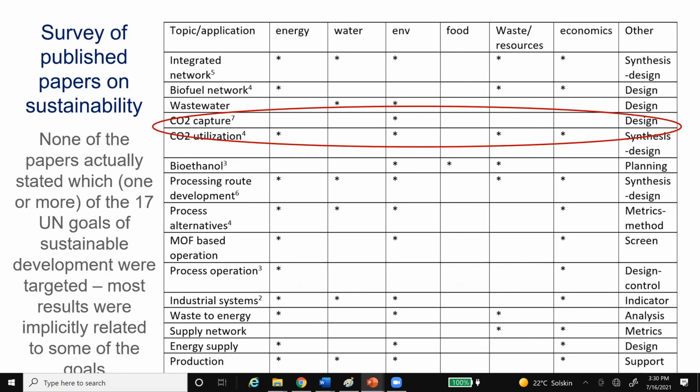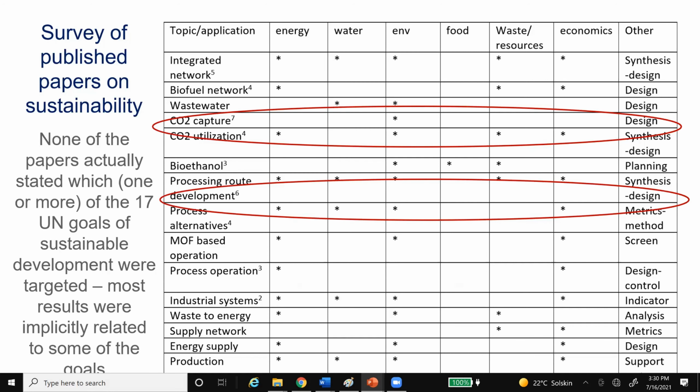But what we found is there are quite a lot of papers on CO2 capture and utilization, and quite a lot of papers on processing route development and process alternatives that are supposed to be sustainable. So one can see which direction things are going.